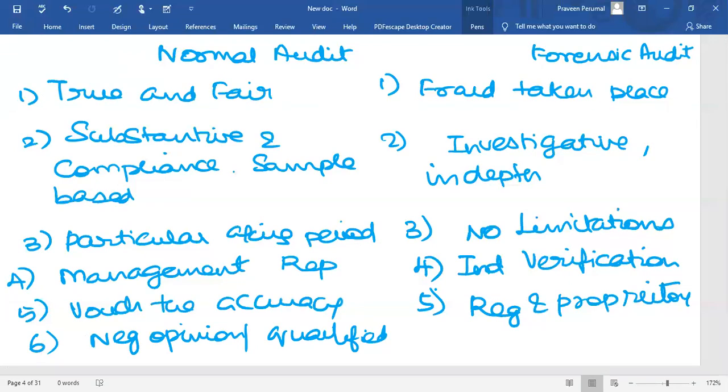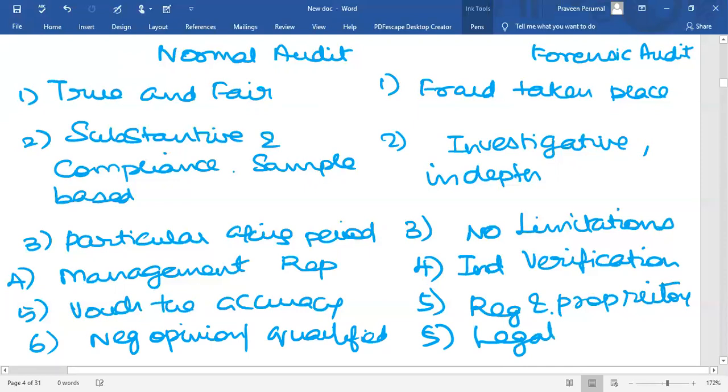Here, what do you do in forensic audit? In forensic audit, there is legal determination of fraud impact and identification of perpetrators depending upon the scope. So these are all the differences.